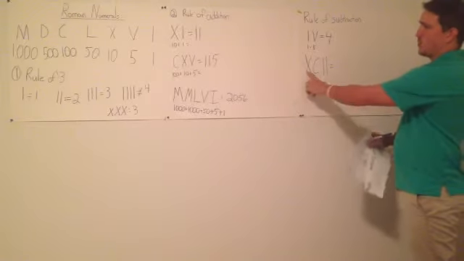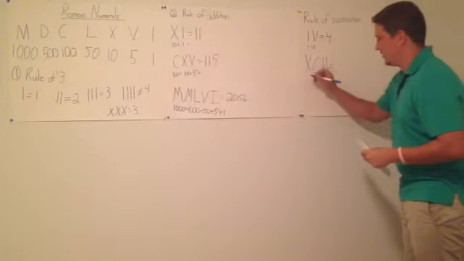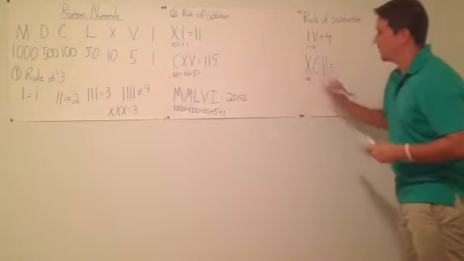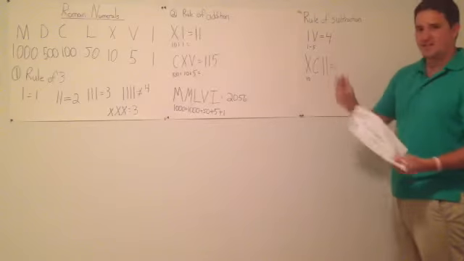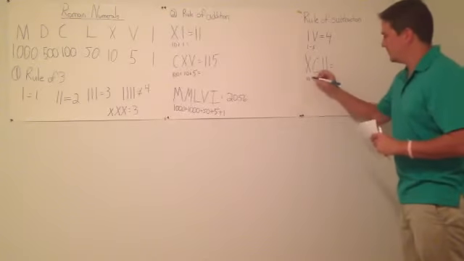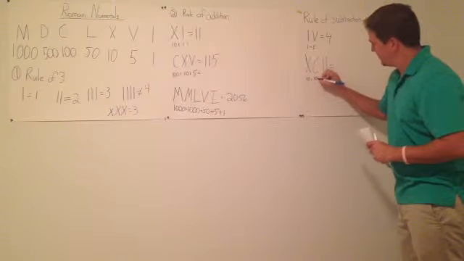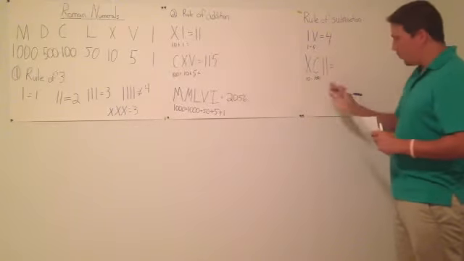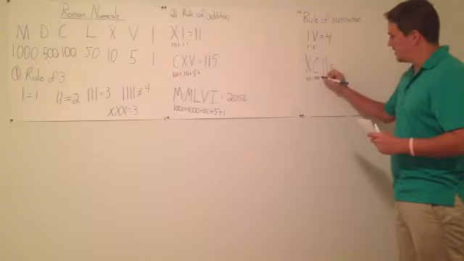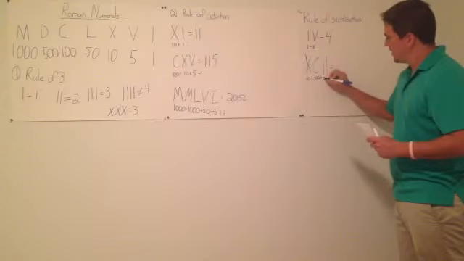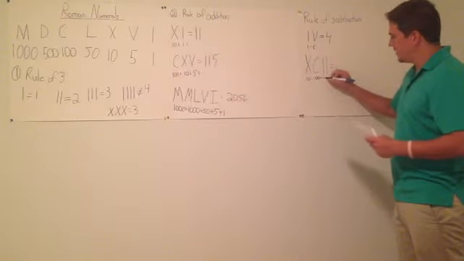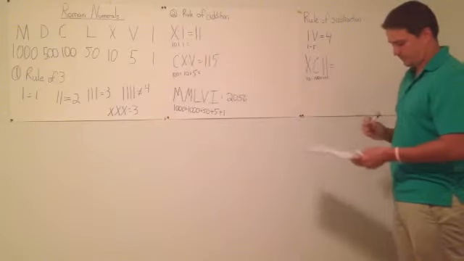So, X we know as being 10. The C we know as being 100. And we know the I is 1 plus 1.